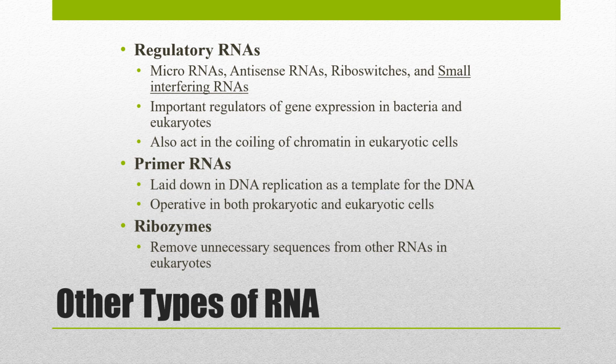The last is ribozymes. These are going to be like very tiny scissors, or genetic scissors, that will cut out extra DNA, known as junk DNA. This will happen in eukaryotic cells only. This does not happen in prokaryotes. Prokaryotes don't bother to cut out the junk DNA in making the RNA and all that good stuff. They just go ahead and go on with it.